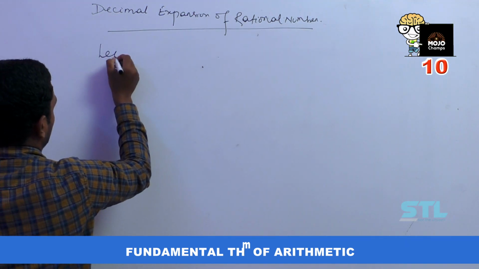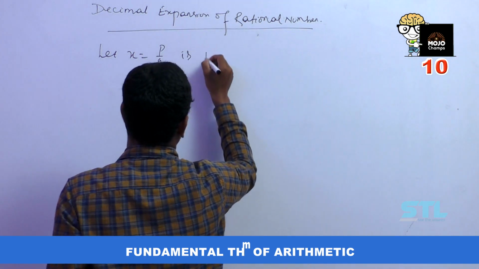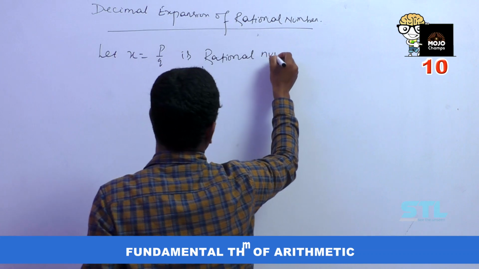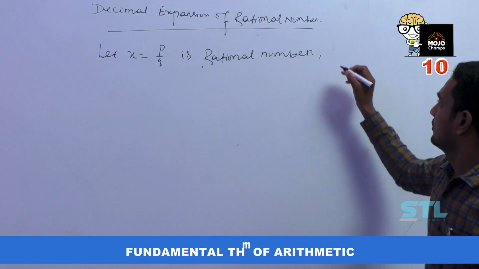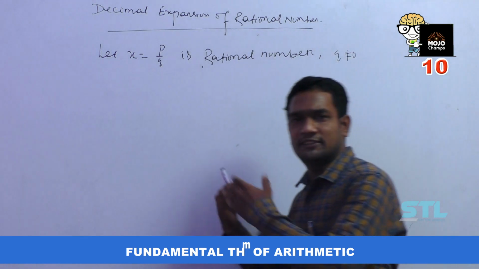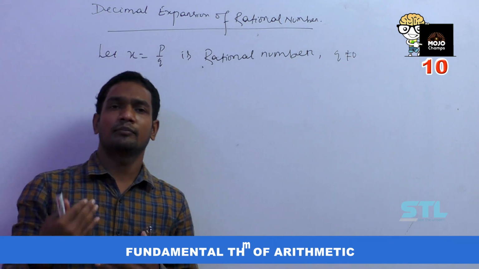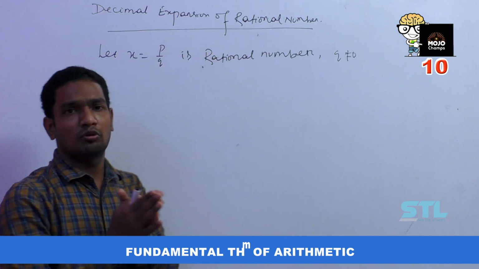Suppose x equal to p by q is a rational number, where q is not equal to 0. All of you know this, it's not a new thing for you. A rational number is of the form p by q and q is not equal to 0.